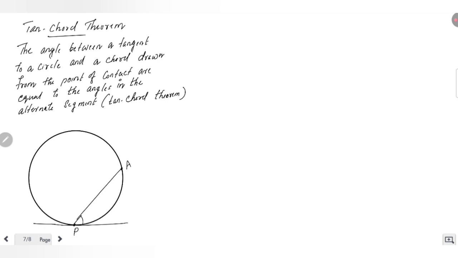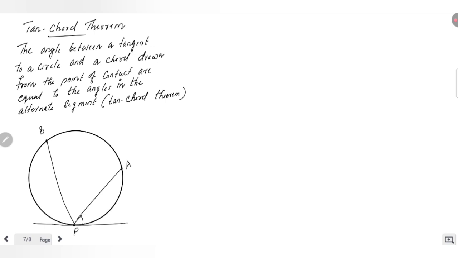This is equal to the angle subtended by the same chord in the alternate segment. So here, where is the angle? This angle is part of the minor segment. Alternate segment means the other side, somewhere here. Let me call this one B. The chord is subtending an angle on the circumference, meaning a line coming from P and A going to join at B, like this.